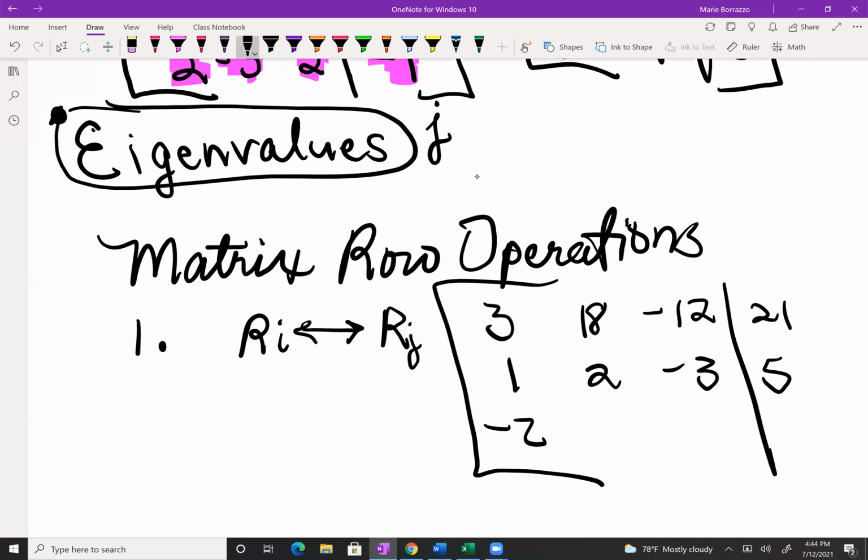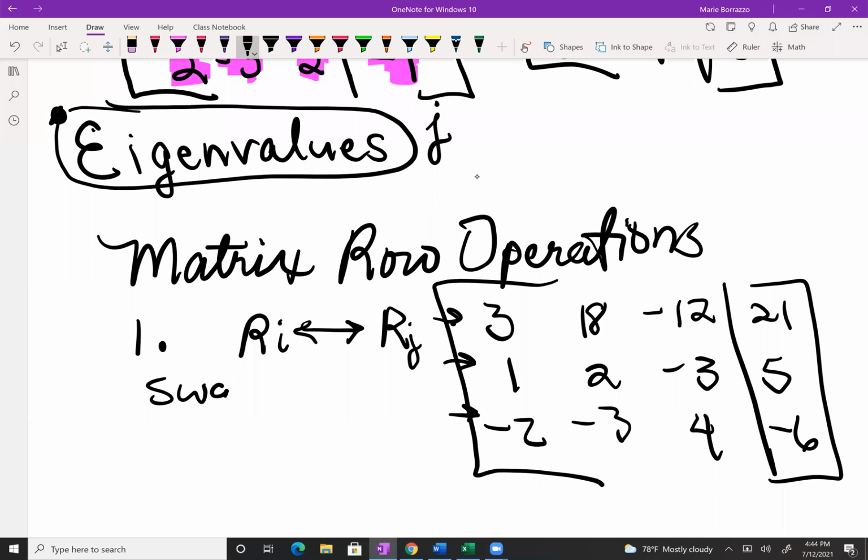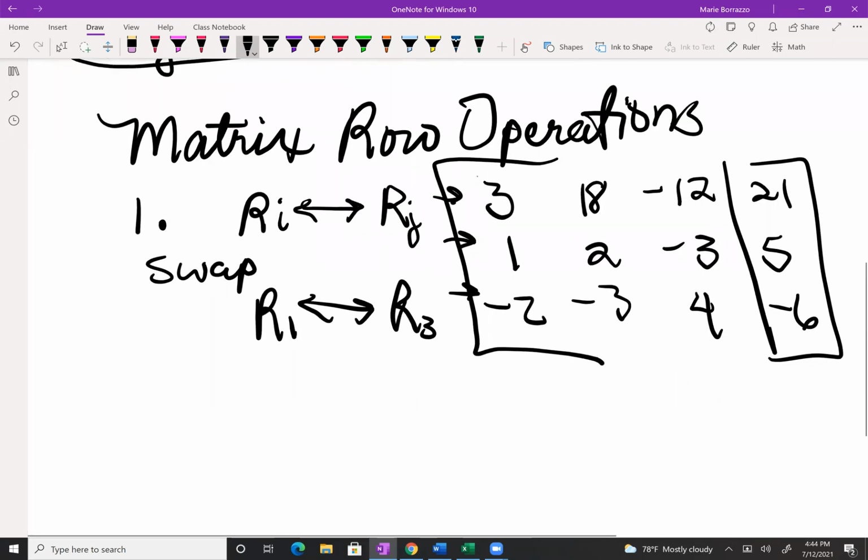I have -2, -3, 4, -6. So if I call this row 1, row 2, row 3, as an example, I can swap, which is what this means, swap row 1 with, let's go extreme, let's go with row 3 as an example.